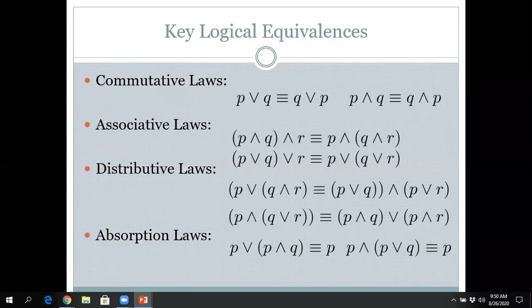So (P or Q) and (P or R). I have some stray parentheses there, but you can see that you distributed the or over the and. That one's a little trickier to see. It would behoove you to go and look at a truth table to sort out why that's the case. Monique, did you have your hand up?